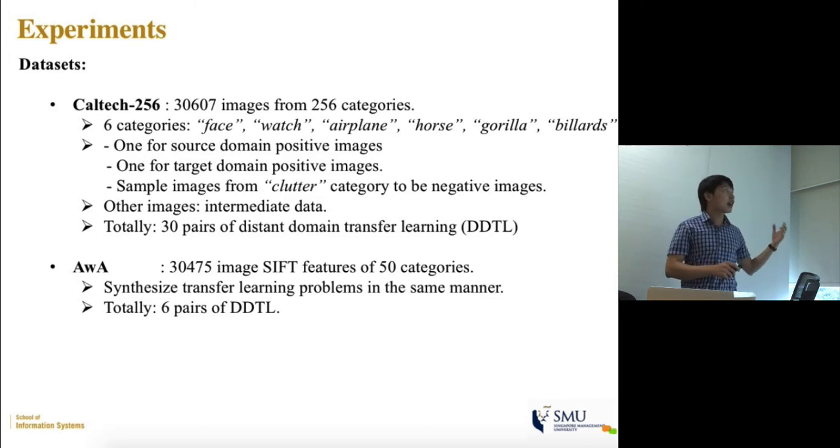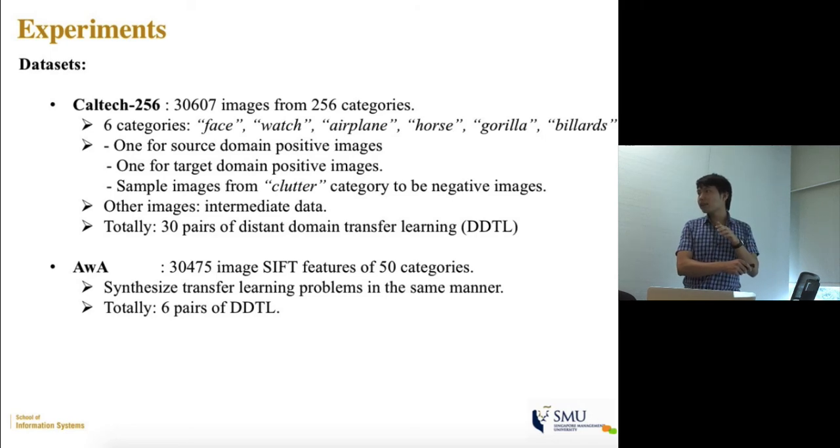The way they synthesize the transferring task is they pick 6 categories: face, watch, airplane, horse, gorilla, and villas. And among these 6 categories, they pick one as a source domain positive image. Positive image will be one class in the source domain, and then there will be a negative image, which is another class in the source domain and the target domain.